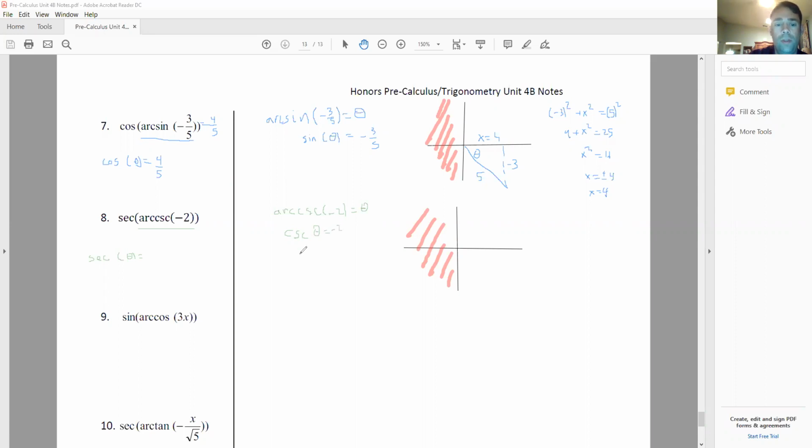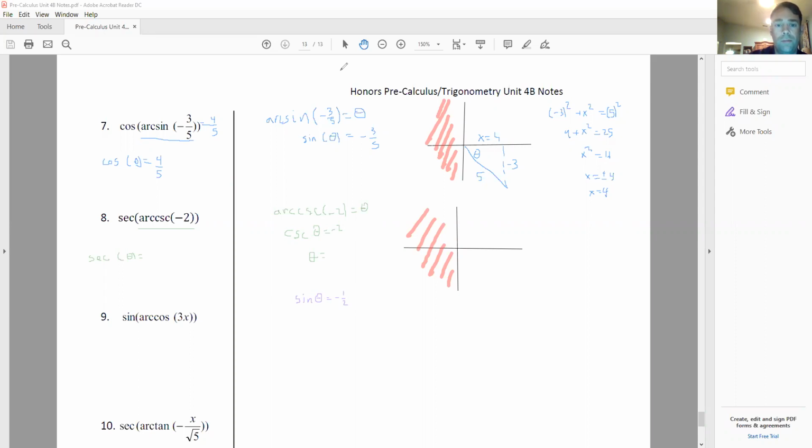Now, again, I'm hoping that you guys can figure out what angle that is. If you can't, no harm, no foul. If we're not there yet, just do the reciprocal for it. Sine of theta equals -1/2.